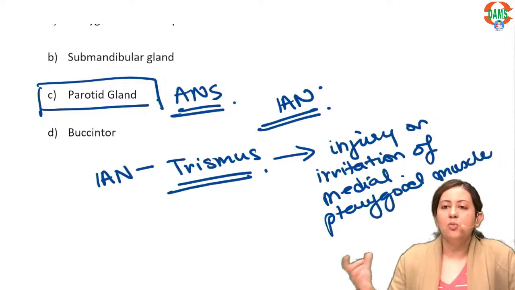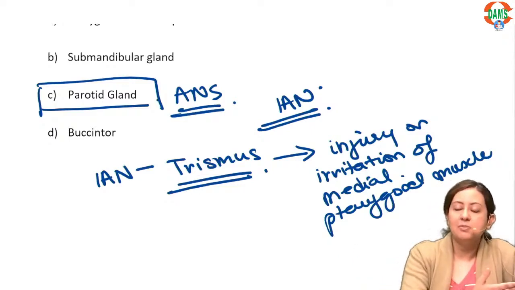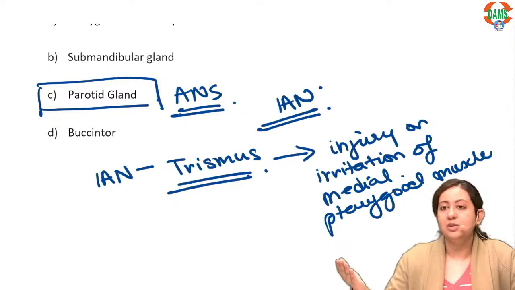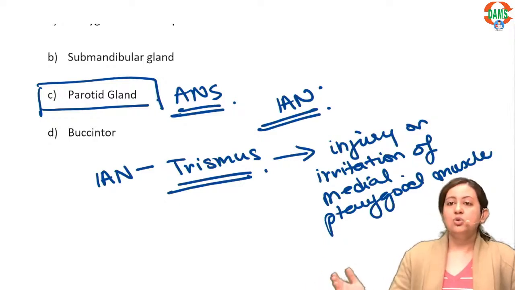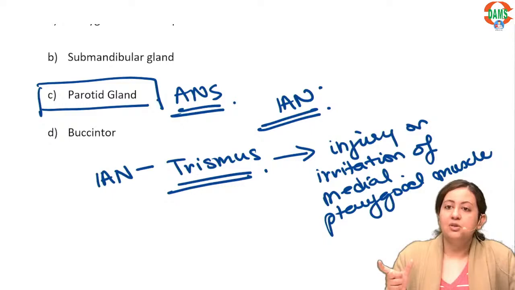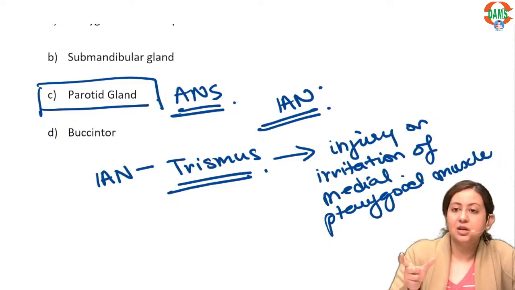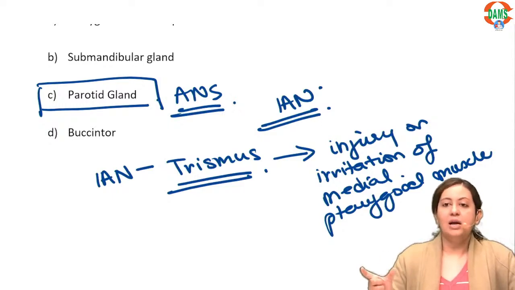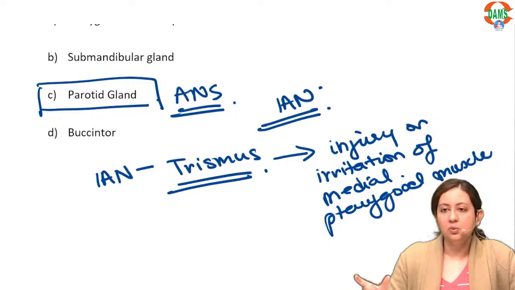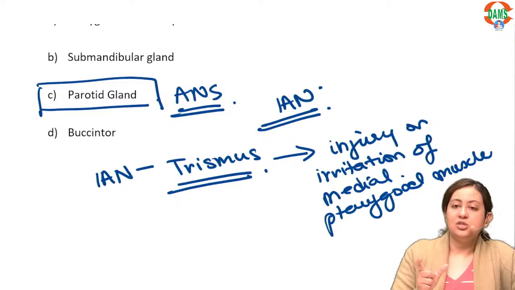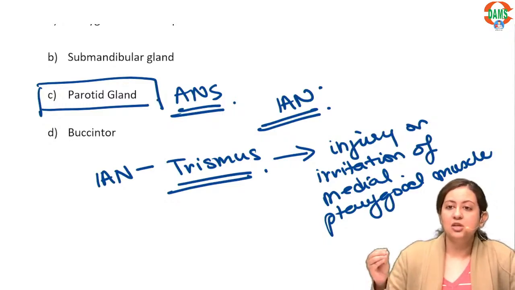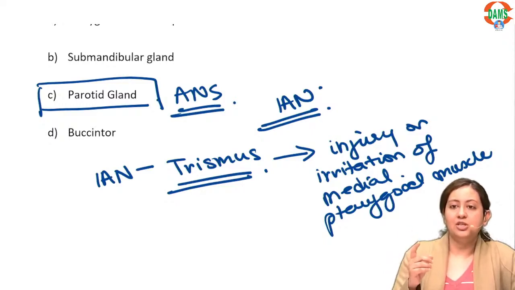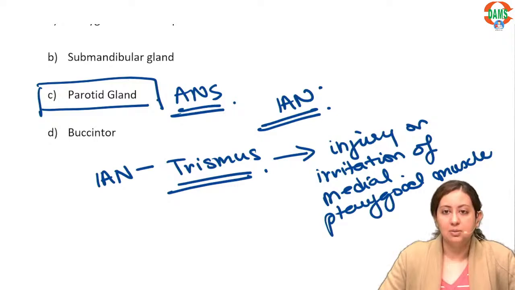Anyone can face syncope on the dental chair: you, me, a normal healthy patient, a pregnant female, a diabetic patient, a patient with adrenal insufficiency. So that becomes a very generalized statement. But if the question mentions a specific condition the patient is suffering from, then you think in terms of that. And like I said, hyperglycemia will not cause double vision. The double vision will be due to a sudden drop in blood sugar levels, where the patient starts feeling dizzy, is going into syncope, and has double vision.